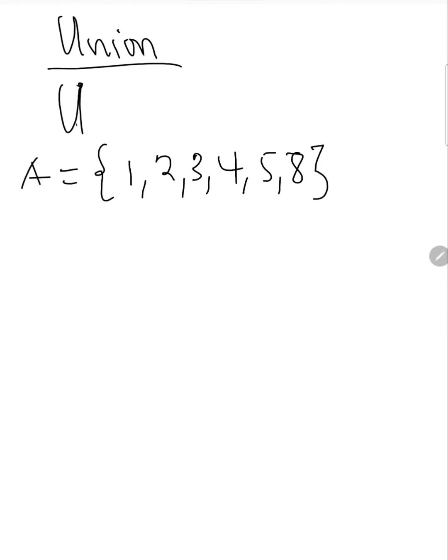Now let's look at an example. So if we have the set A, which is 1, 2, 3, 4, 5, and 8, and we have the set B, which is 2, 4, 6, 8, and 10.